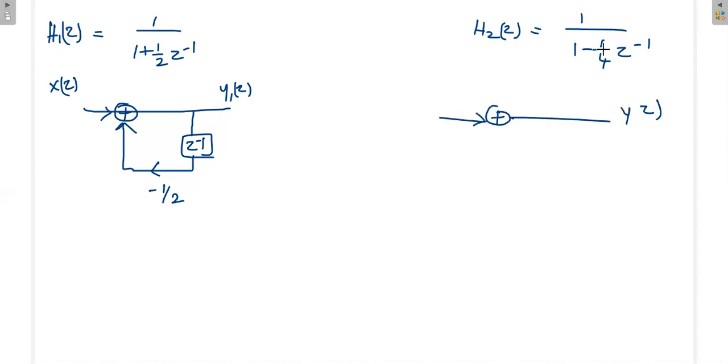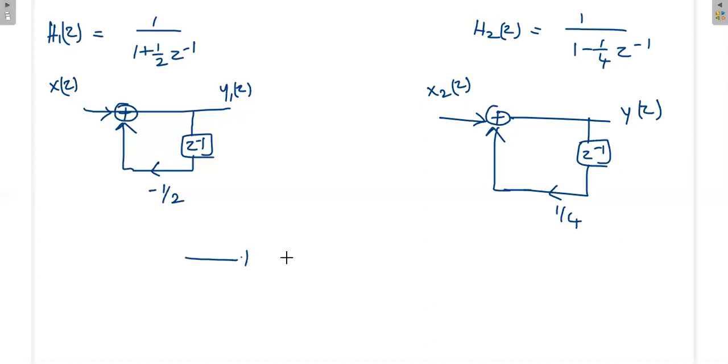This is the overall output, that is y of z, because the output of the second system is the overall output, so I am writing y of z here. Apply the delay. Again, it is positive feedback, so plus 1 by 4. Then this is x2 of z, but that is the same as y1 of z, so now we have to connect these two systems together.